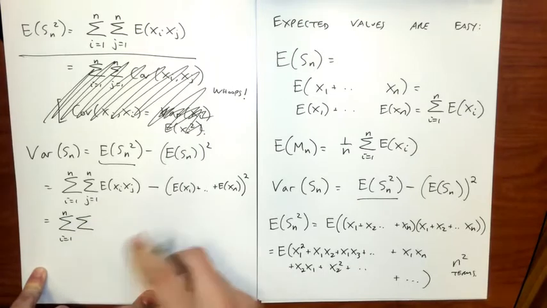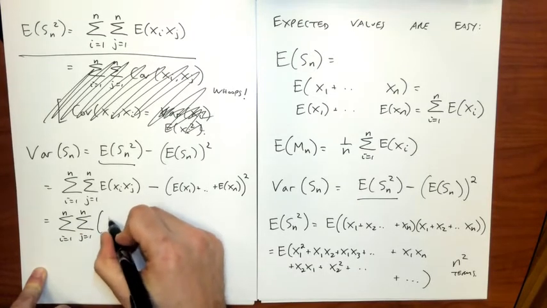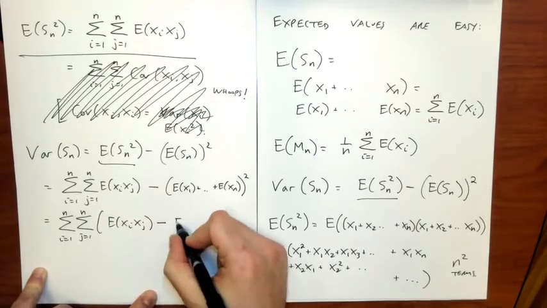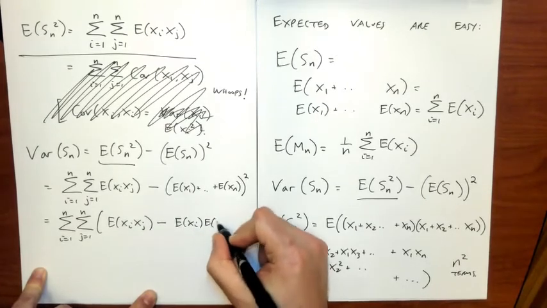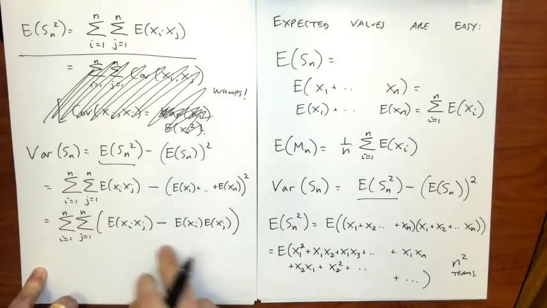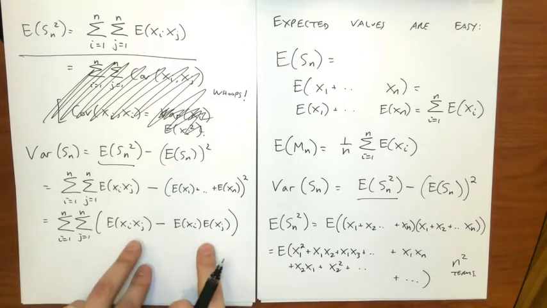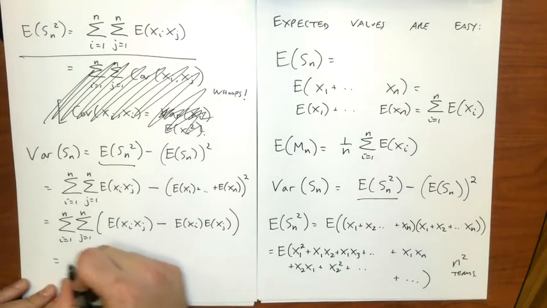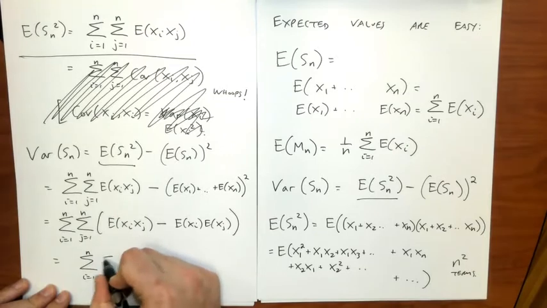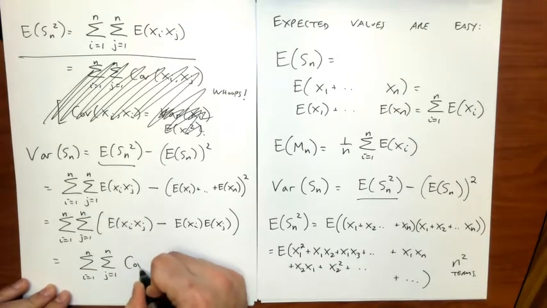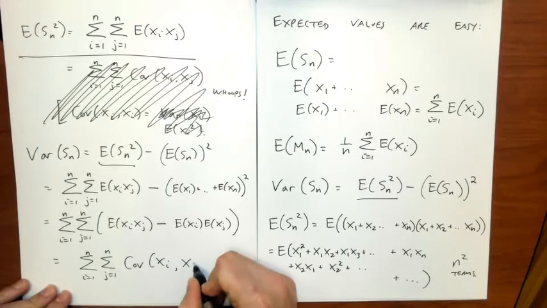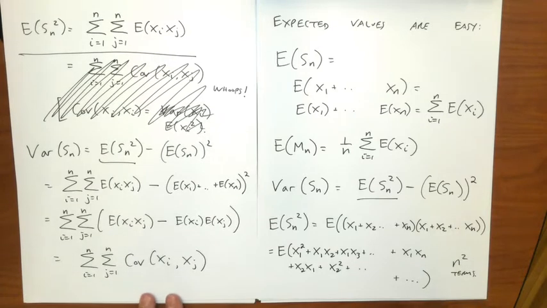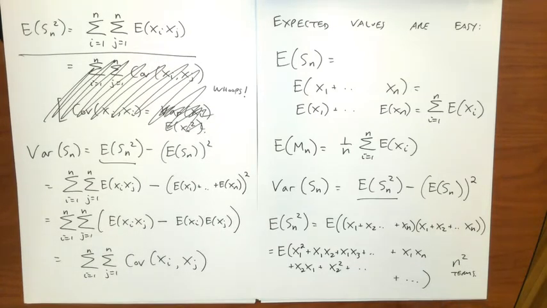I get n squared terms where this part comes from the first part, and then I have an xi, expected value of xj. That's better. Now this thing is exactly what we called the covariance between xi and xj. Sorry, I messed that up a little bit earlier, but that's okay. So the variance of the sum is the sum of all the possible covariances.